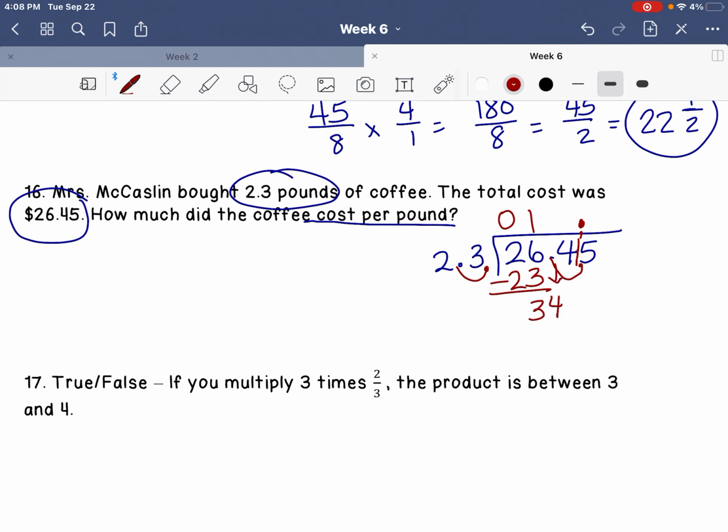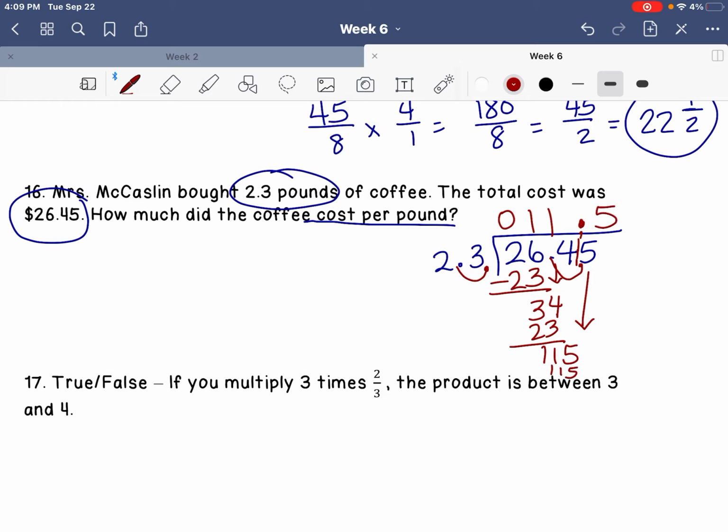I bring down this 4. 23 will go into 34 also one time. Notice how I put that 1 above the 4. I don't have any more space after that. I've got to put the next number on the other side of the decimal. 1 times 23 is still 23. When I subtract, I'll get 11. And then finally, I'll bring down that 5. And I already know that 23 times 5 equals 115.